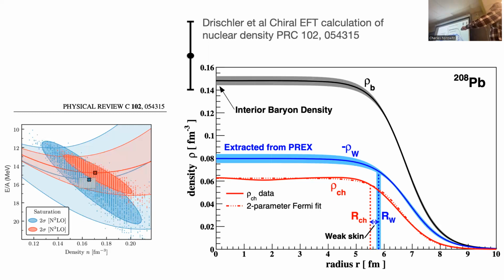And this shaded red there, that's their prediction of their error bar for nuclear saturation. And so if you project this down on the density axis, you get that black error bar. Okay, so this is infinite nuclear matter. And it's close to what we've observed in lead.